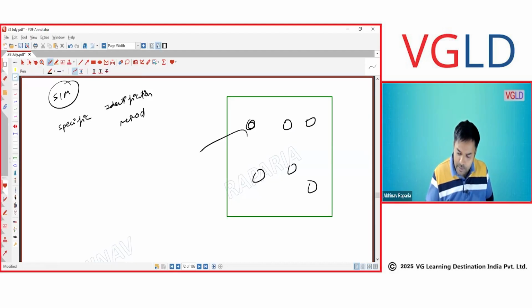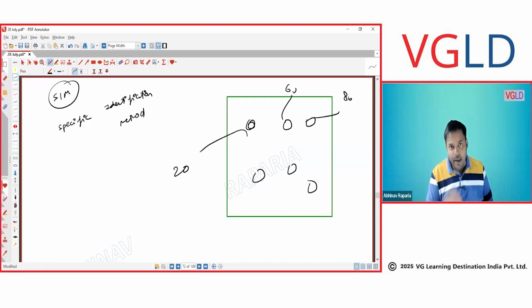I know this is $20, this is $60, this is $80, and so on. We generally follow it whenever you have a customized product, or whenever the product is expensive. For example, jewelry. In jewelry, you know how much each ring is for. You will not do averaging of the rings. You know exactly how much the necklace, ring, and bracelet cost. So that's where we follow the specific identification method.